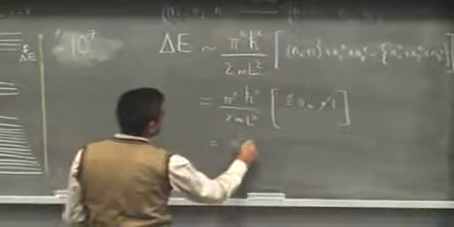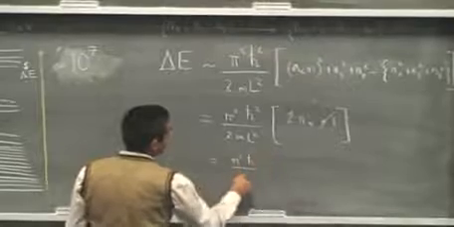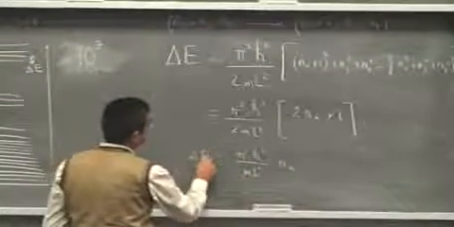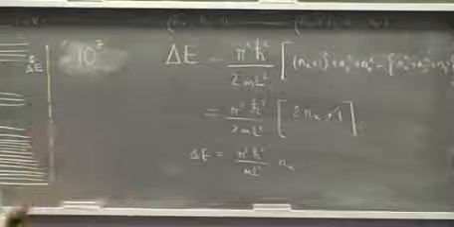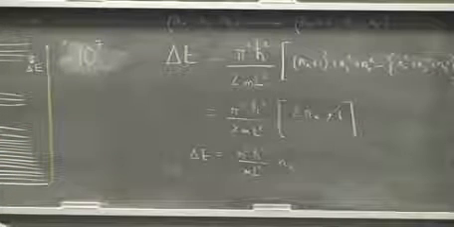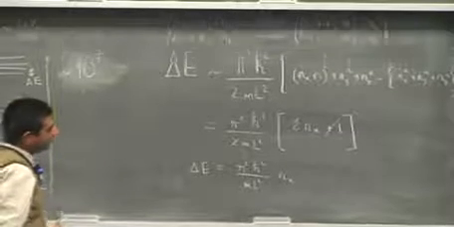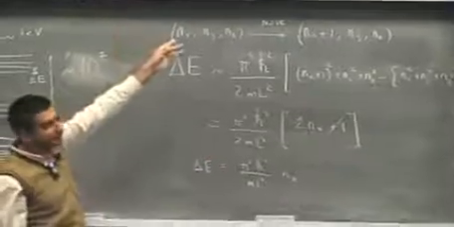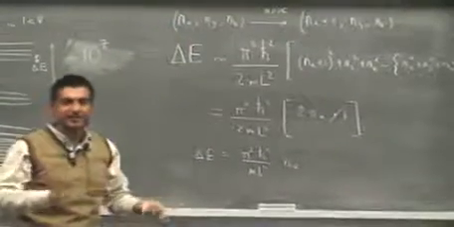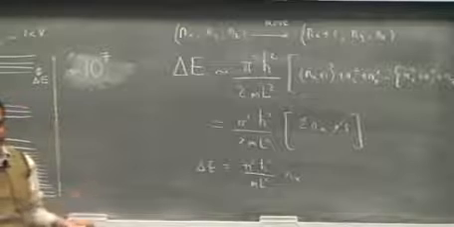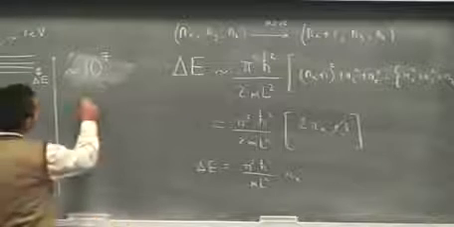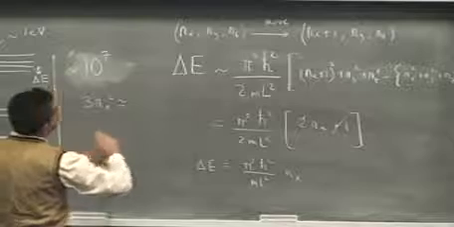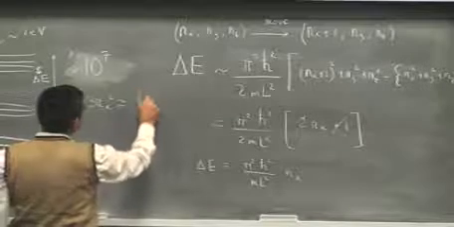Pi squared h bar squared over m l squared times nx. So this is the energy separation between two consecutive levels. Now what is nx? I know the value of nx squared plus ny squared plus nz squared. I can assume that nx, ny and nz, all three of them are the same. So 3nx squared is about 10 raised to the power 13.